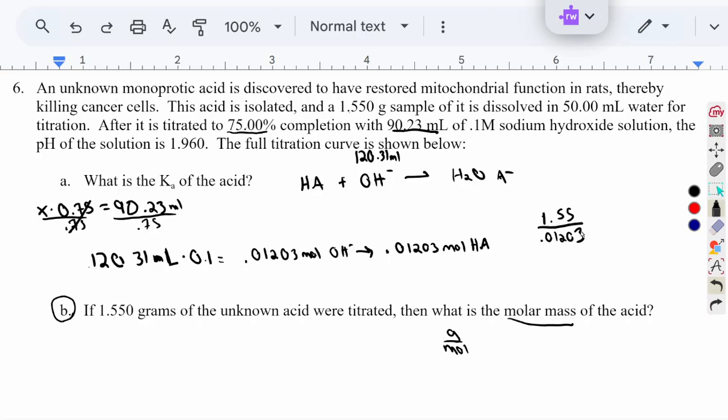Again, I'm using the number in my calculator, and we're going to get 128.84 grams per mole. And actually, it looks like we should round that to 4 significant figures, so 128.8 grams per mole. Again, this is the answer for part B.